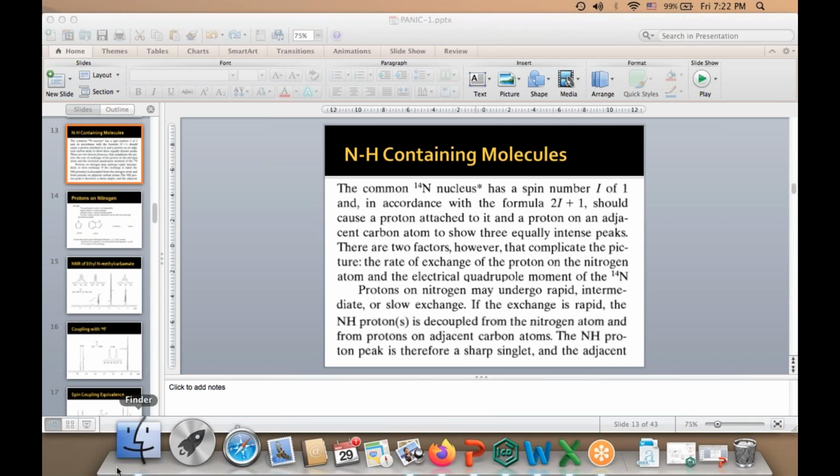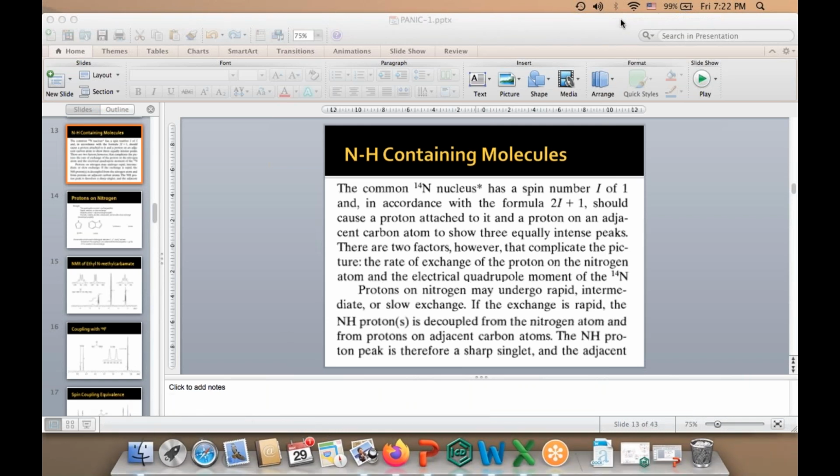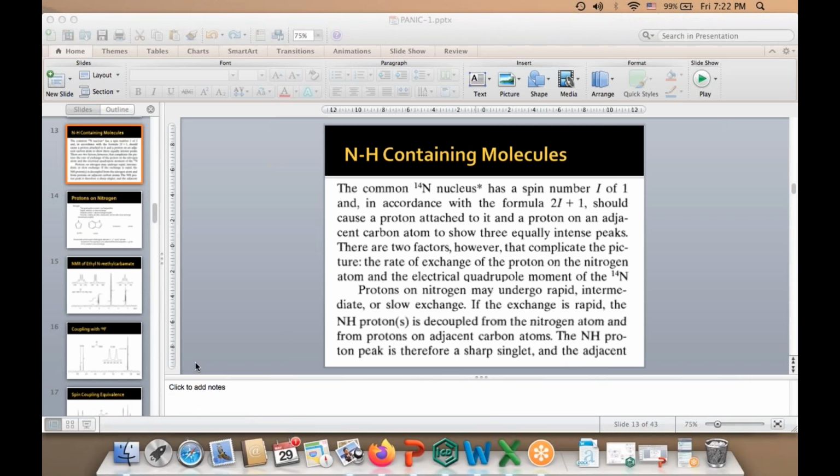Hello. Yes. So the question is about quadrupole moment. What is the quadrupole?